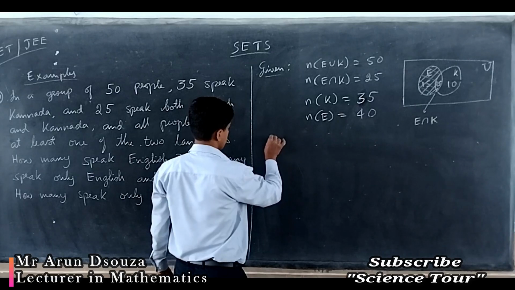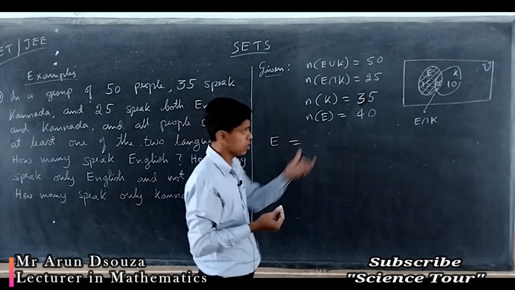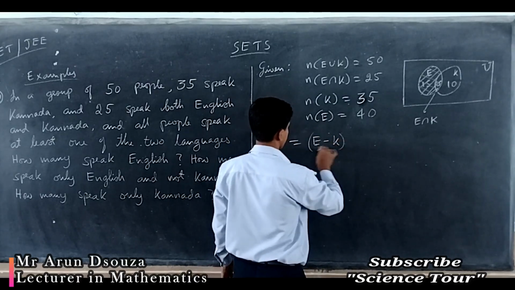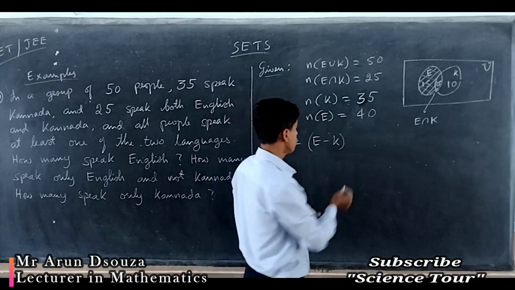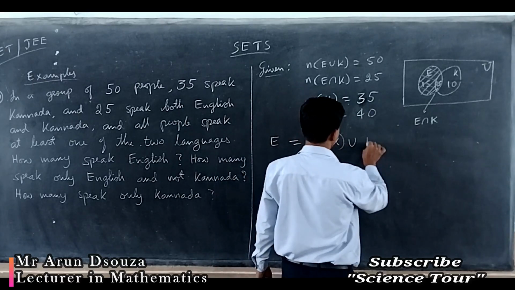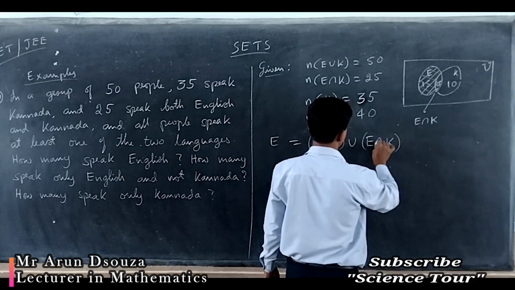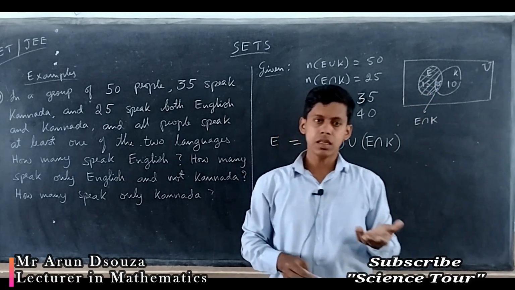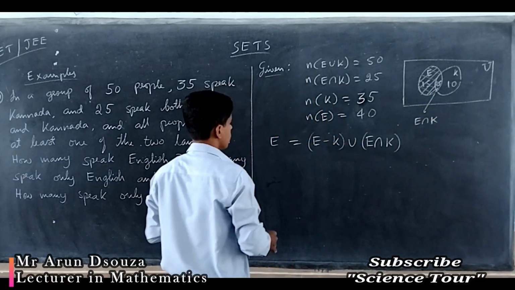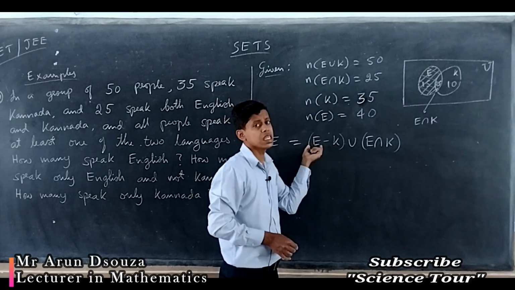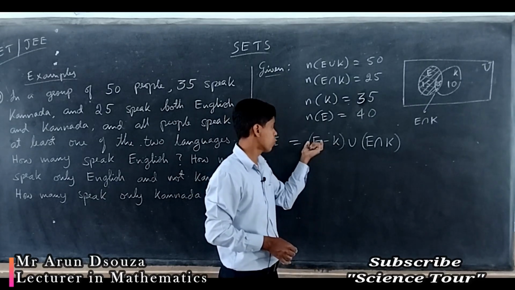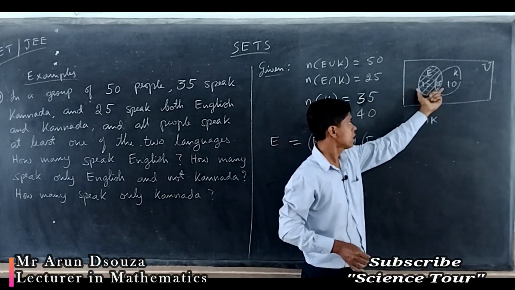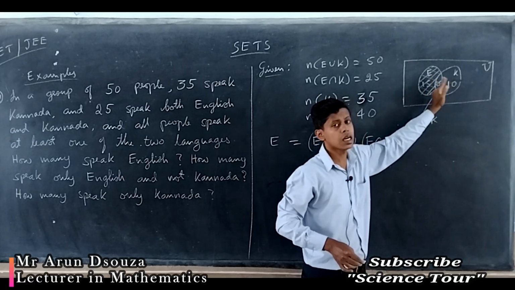Okay, so the whole set E is actually E minus K union E intersection K. When you have the union of these two, that gives you E. Now what you need is E only, who speak only English and do not speak Kannada. So from the set E, you have to remove the people who speak Kannada.